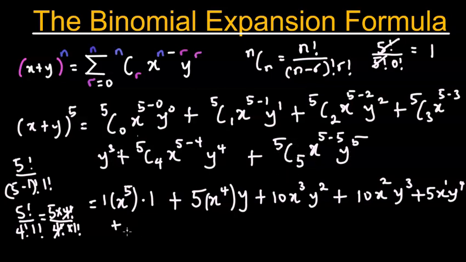Any number combination itself is 1. So we have 1 multiplied by x to the power of 5 minus 5, which is 0, x raised to the power 0, then y raised to the power 5.